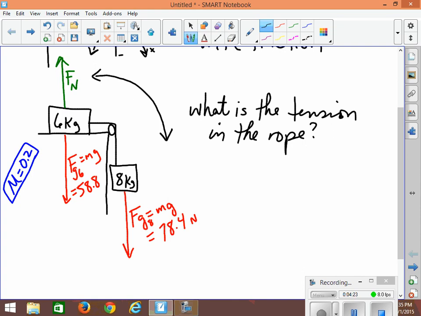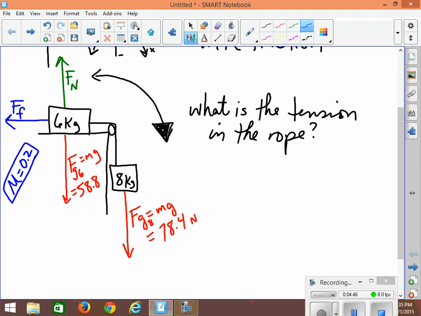Since we know that this is going to go clockwise, the friction is going to act against that motion. So I can put the frictional force in with confidence on this side, knowing that it's going to act against the motion of the system. So there's my free body diagram.